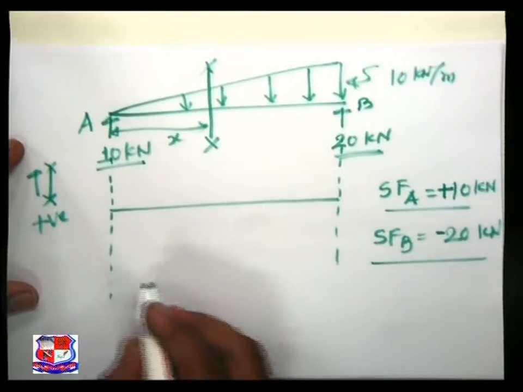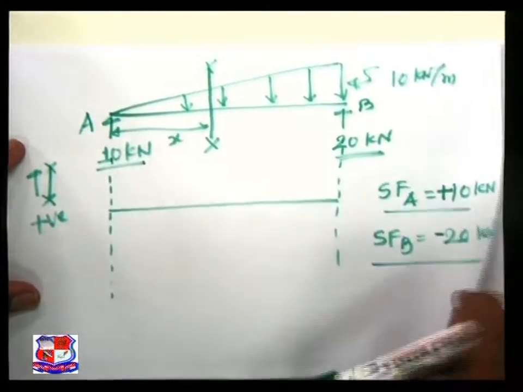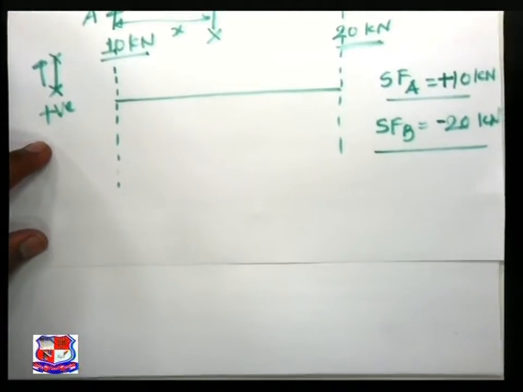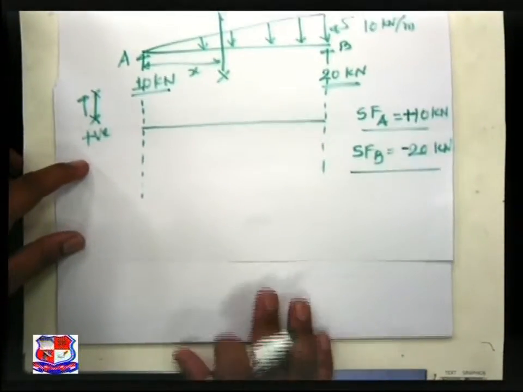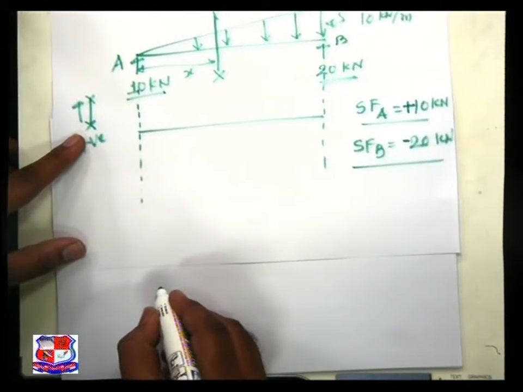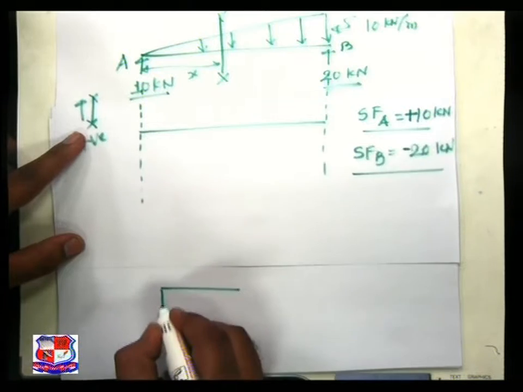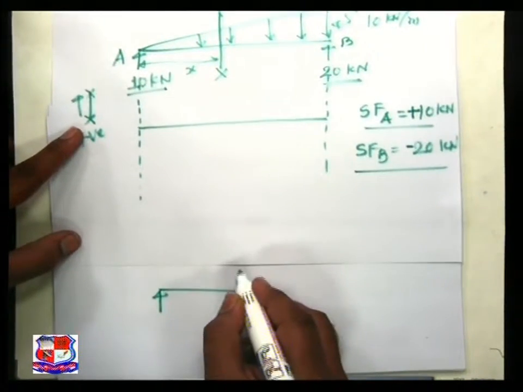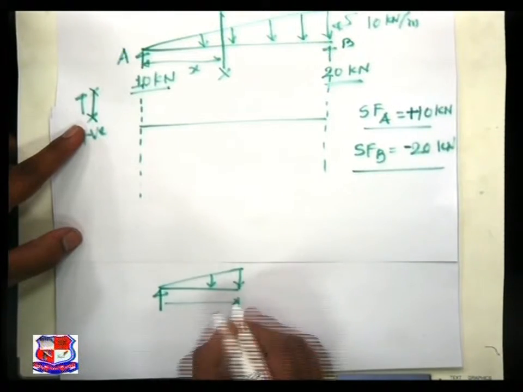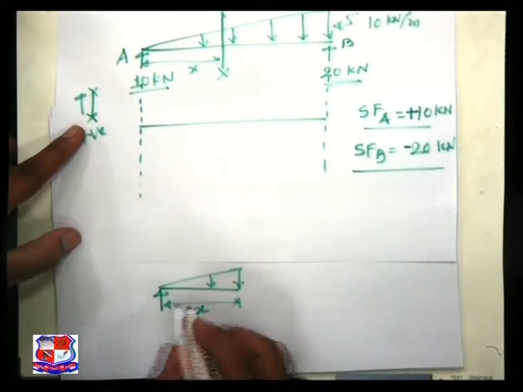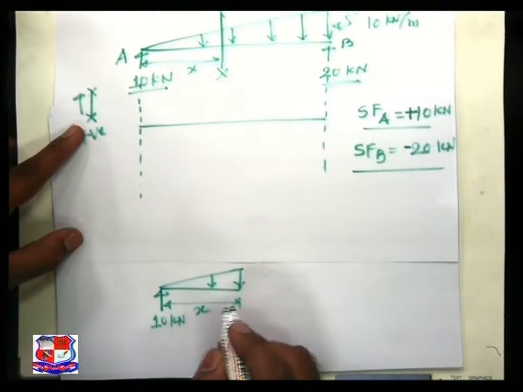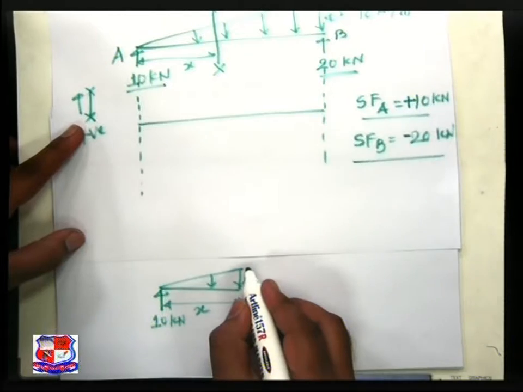So let us plot a free body diagram within that section. I will plot the left part of the section. We do not know this magnitude and we have to find it out.